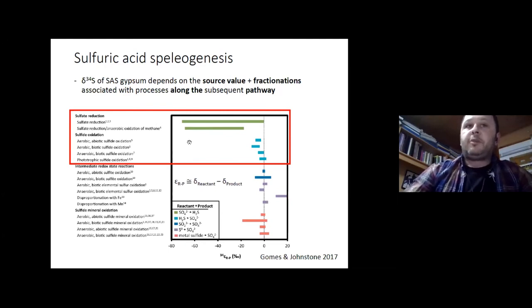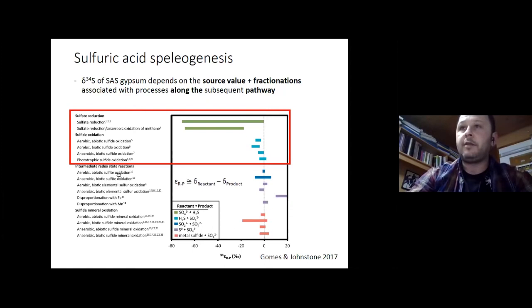And this will depend on whether it was aerobic or anaerobic. Or, in the opposite manner, for the oxidation of hydrogen sulfide, the fractionation will be different whether it was microbial or abiotic, and whether it was in oxic or anoxic conditions. So all of this can have an effect.